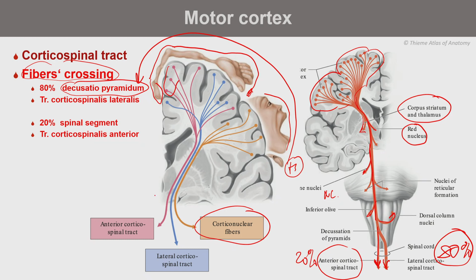Then through the capsula interna, 2 tracts are formed which go down to the spinal cord. They are called lateral and anterior corticospinal. So lateral is crossed, anterior is uncrossed.